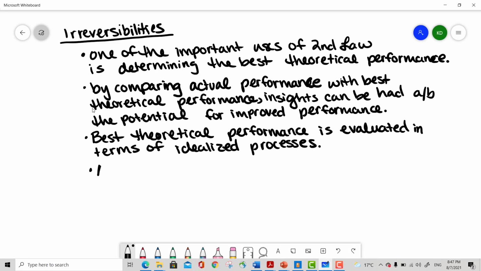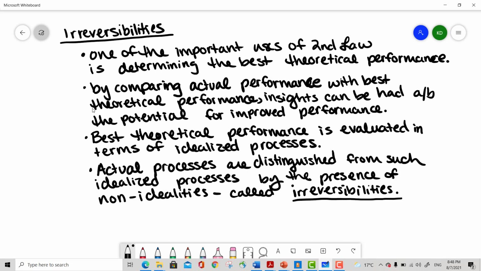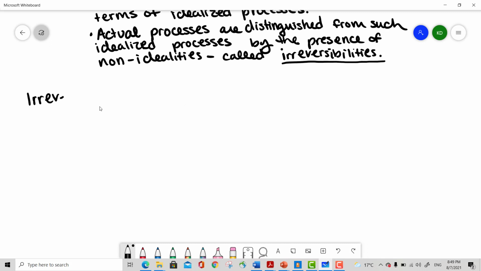Okay, so let's note this and then go into deeper detail on that. What are some irreversibilities that we encounter in engineering practice? Irreversibilities commonly encountered.